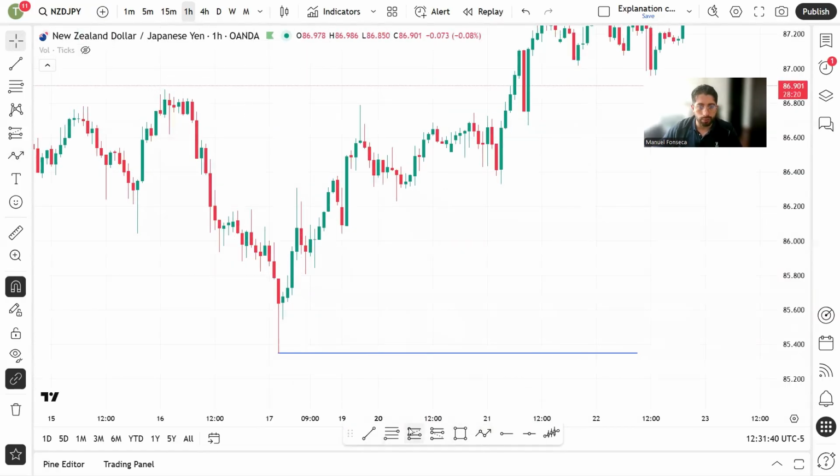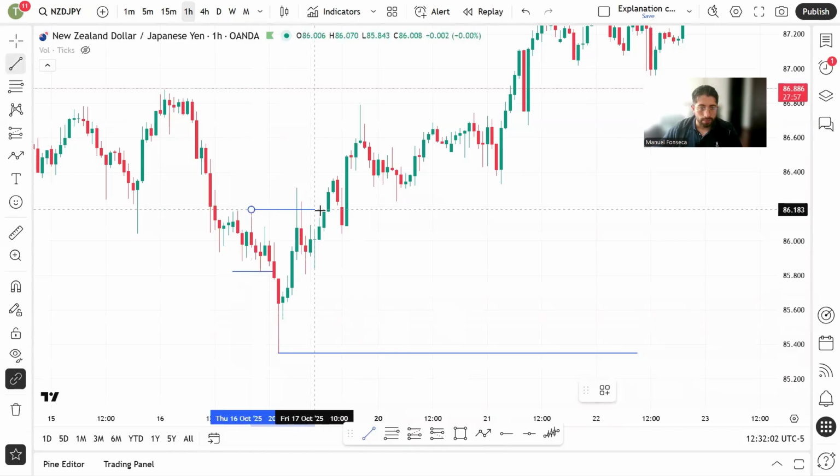So remember that we will find the closest low, which will be this one, right? And then we're gonna try to find out the liquidity sweep. So we see the strong low is created, which is this one, and then we will find the closest high, which is this one right here.